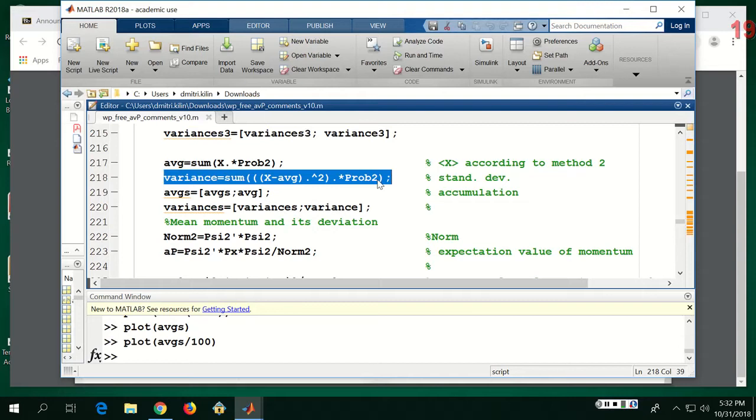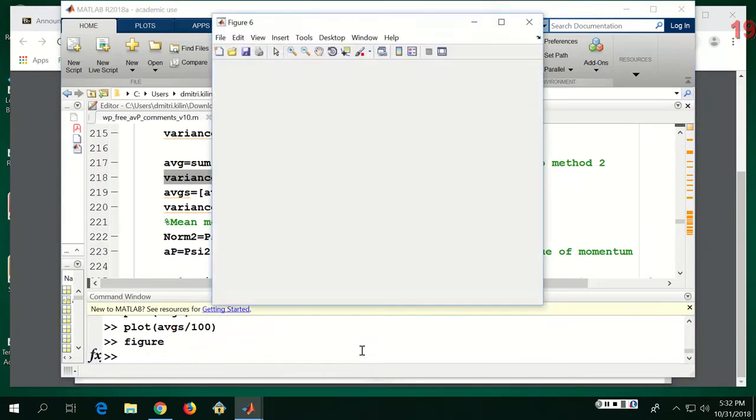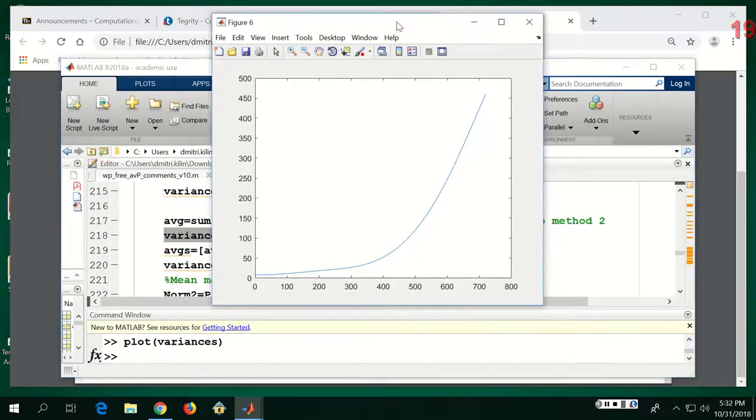So if you want to look at the width of the wave packet as function of time, we may plot variances. Well, although there is some potential, there is not much surprise. It agrees with what we have seen for free space.